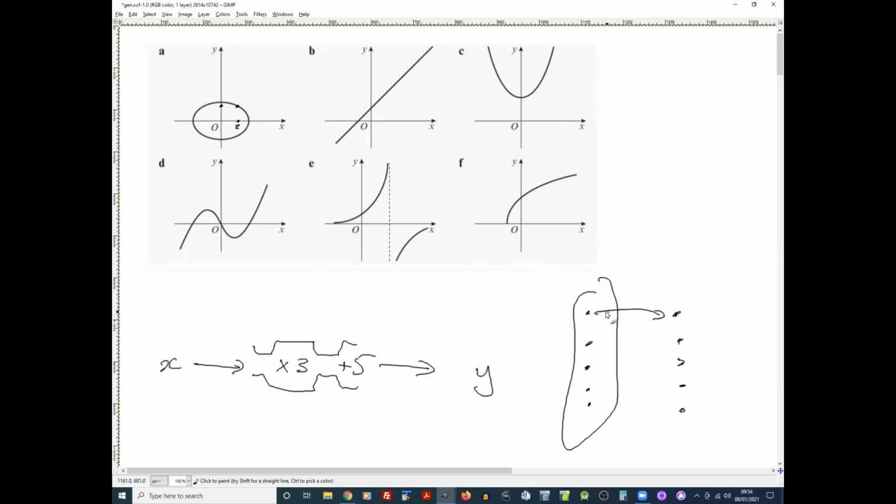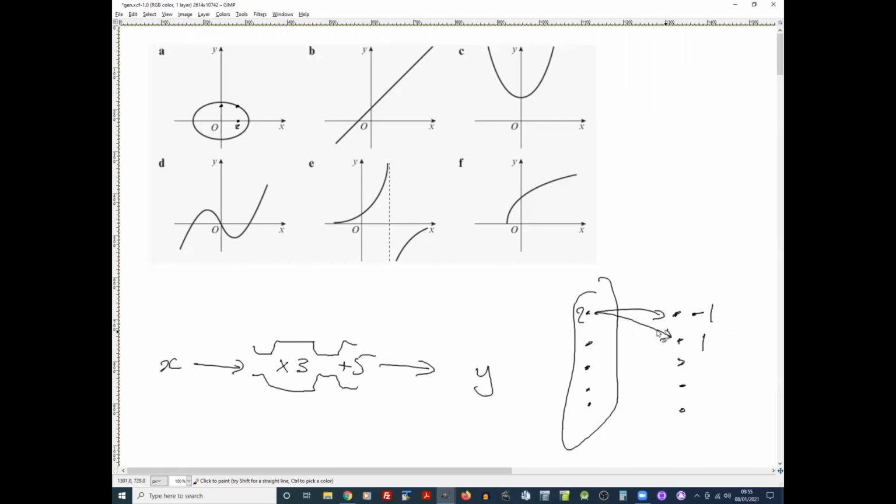But we can see that, yes, this x value of 2 is leading to maybe both -1 and 1. So it's one to many in that literal sense, that we're going from one input to many outputs.